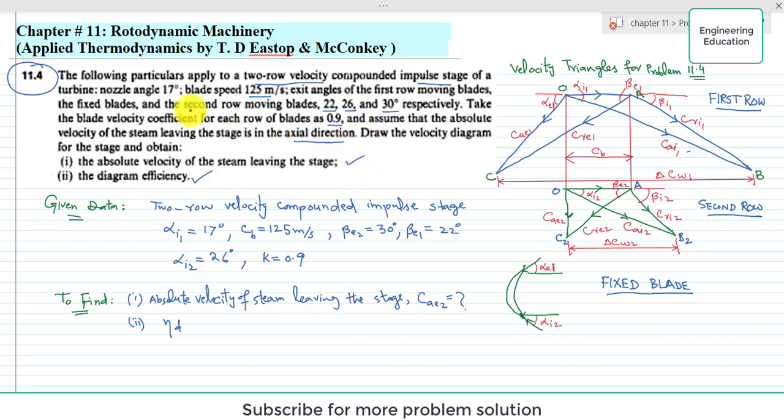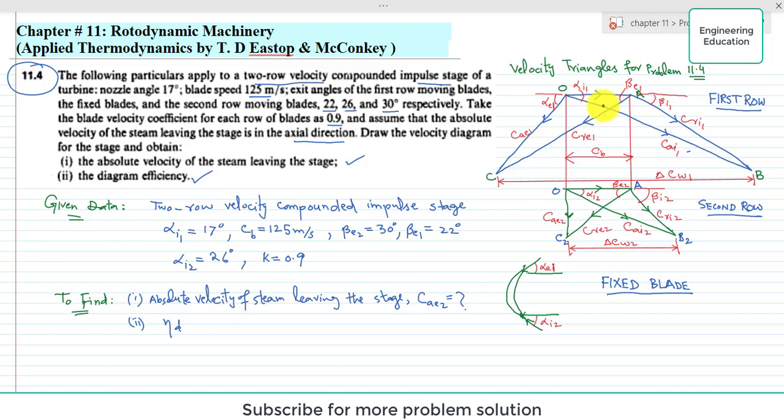So before moving to the solution of this problem, first let's discuss the velocity triangles for this specific problem. This is the velocity triangles for problem 11.4. This velocity triangle OAB, similarly OAC.